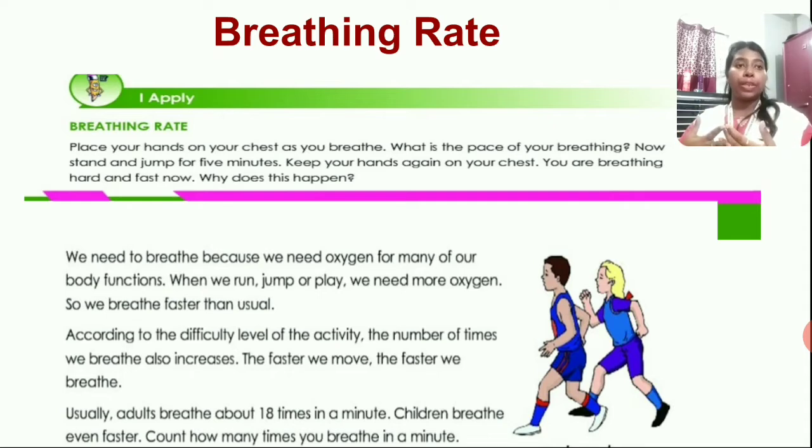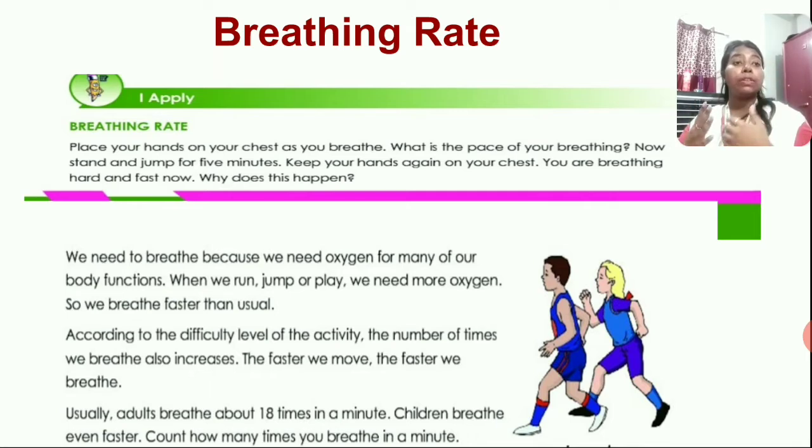What is the rate? What is the speed of your breathing? That means taking in of oxygen and giving out of carbon dioxide in a minute. That was your breathing rate. Yes or no? And we have known that when we perform some activities, some exercises, our breathing rate becomes faster.